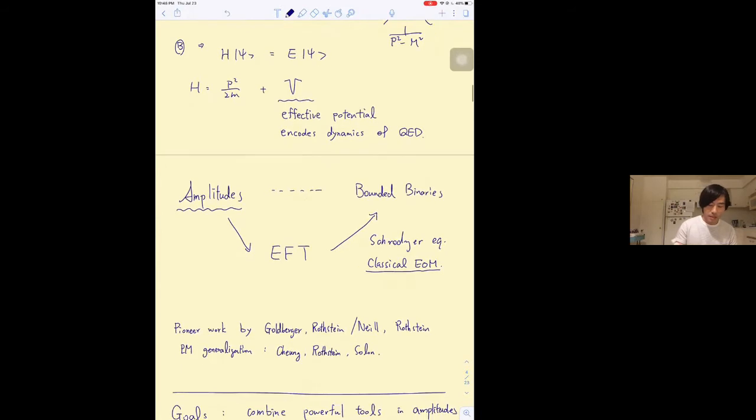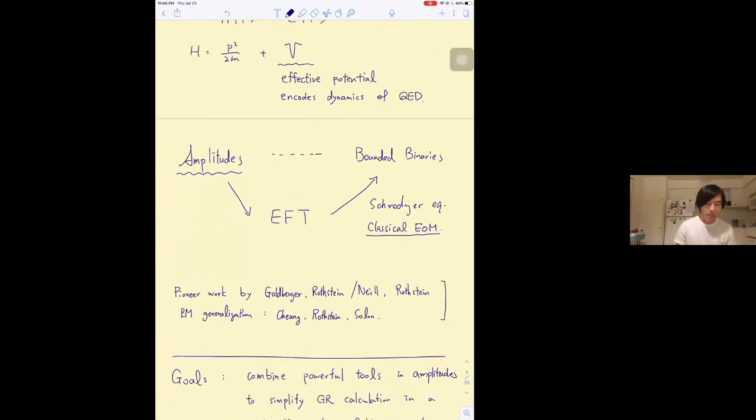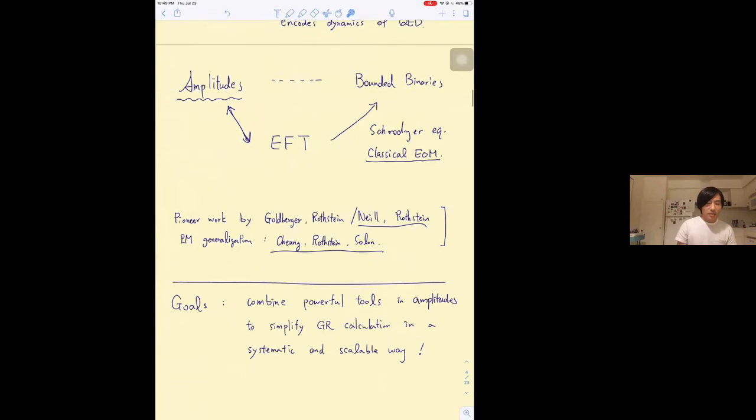There is some pioneering work done by Goldberg and Rothstein on the original EFT formulation, and some later applications which try to connect amplitudes with effective field theory in these two papers. The goal here is that we have so much understanding of scattering amplitudes, and we have powerful tools like double copy and generalized unitarity.